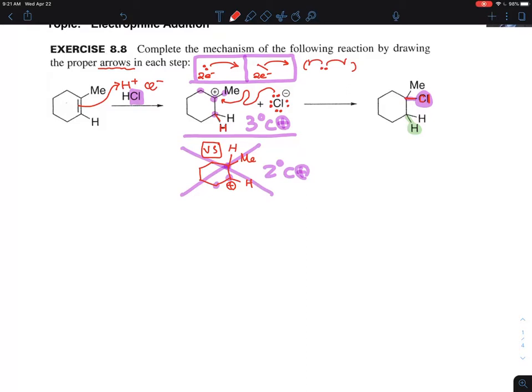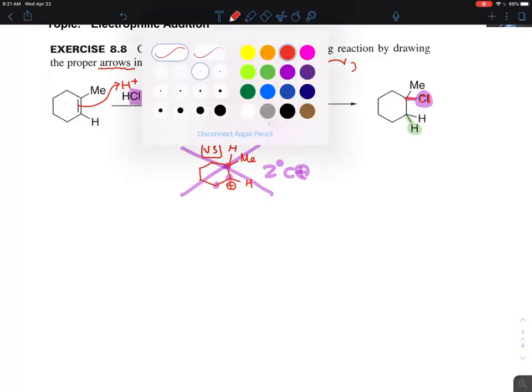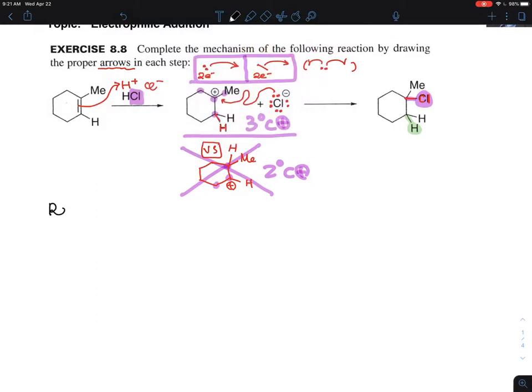Okay, so I want to go back and do the recap. So one recap is the stability of carbocation. Okay, primary, secondary, tertiary.